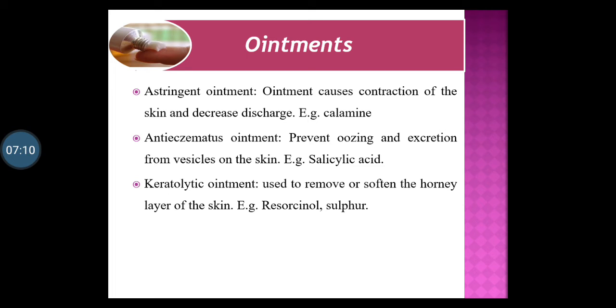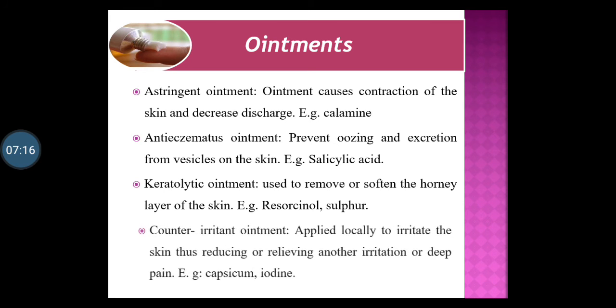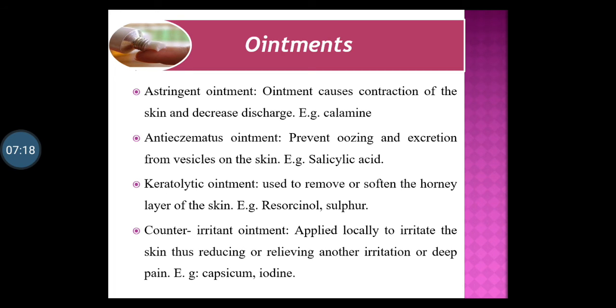Horny layer consists of the hair on the skin. Then next comes counter irritant ointment. They are applied locally to irritate the skin, thus reducing or relieving another irritation or deep pain. Examples are capsicum or iodine, which are used as the agent as counter irritant.